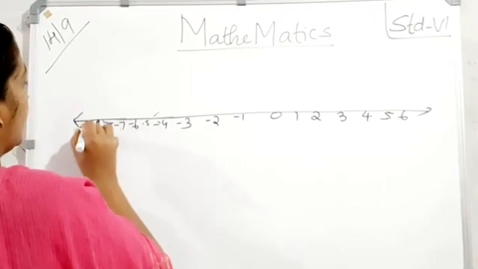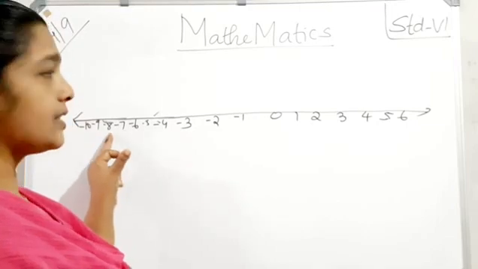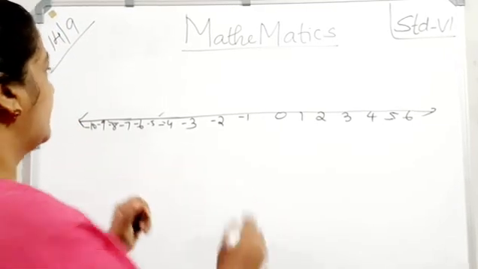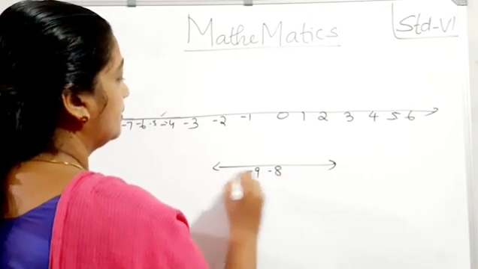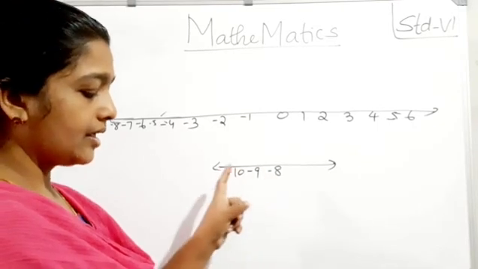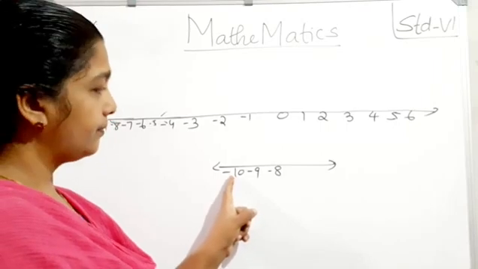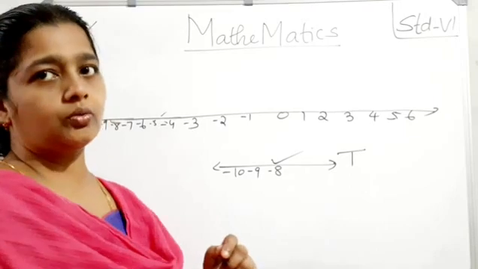So minus 8 is to the right of minus 10. That is correct. Therefore the answer is true.